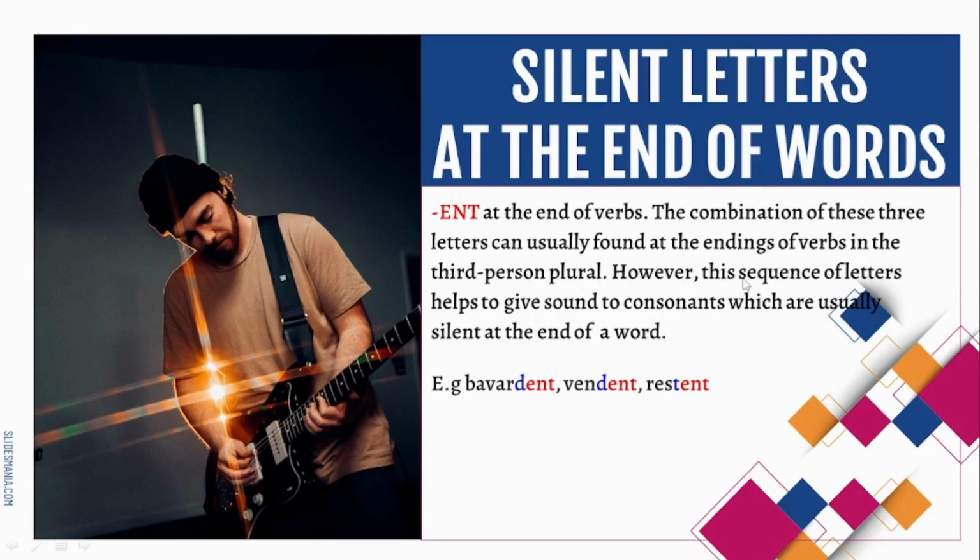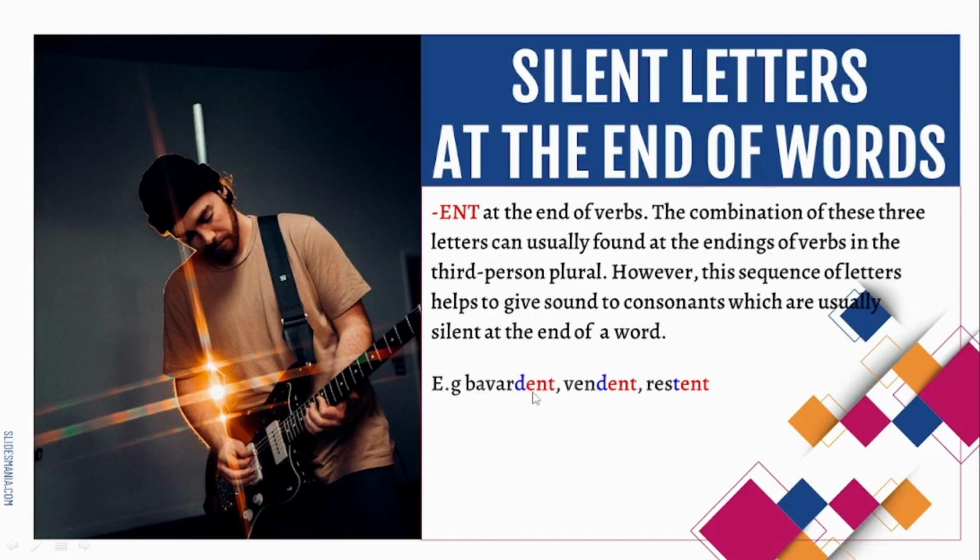However, this sequence of letters helps to give sound to consonants which are usually silent at the end of a word. Now, you guys remember, we talked about D being silent at the end of a word. So here, these are verbs, by the way, because we're talking about ENT at the end of verbs.